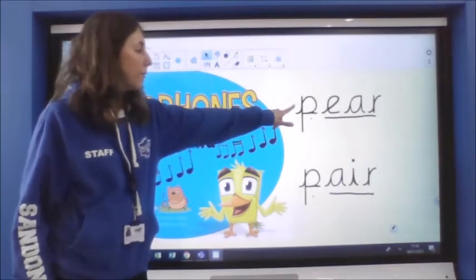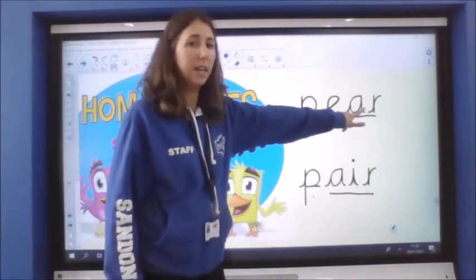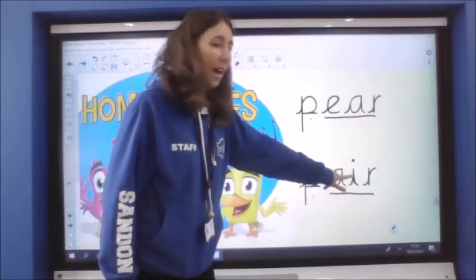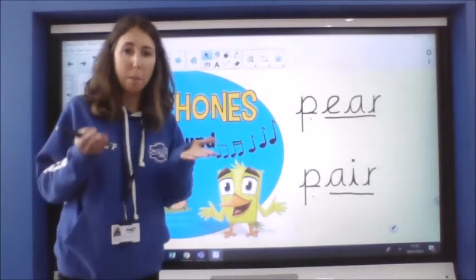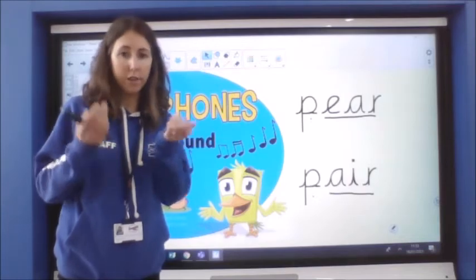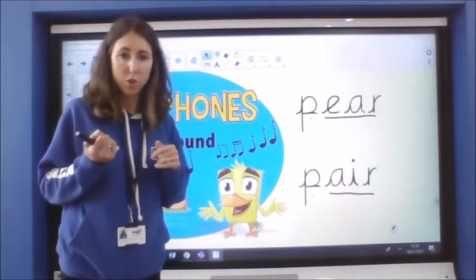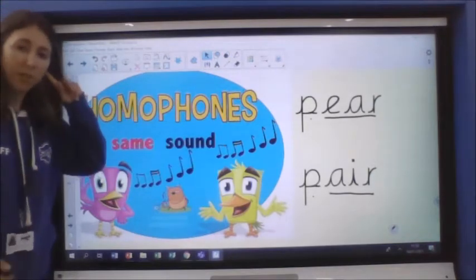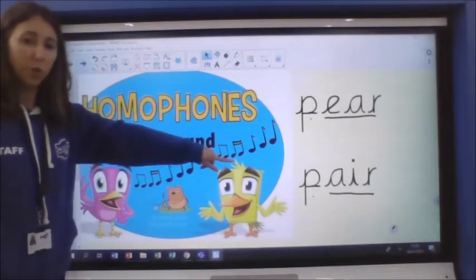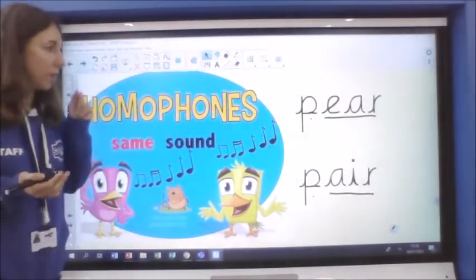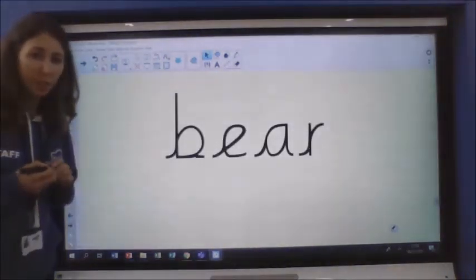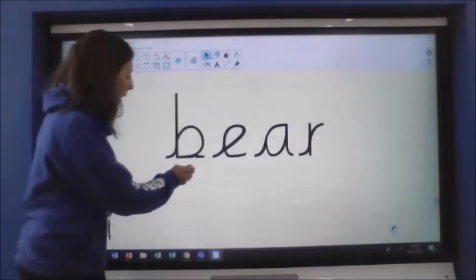So the pear that's the fruit is E-A-R, sorry, and the pair that's got A-I-R making the air sound is where we talk about two things, a pair of shoes, a pair of socks. So that's another example of a homophone. They both sound the same. One is a fruit and one is where we've got two things. Okay, so a little read of this one then. I'm going to put my sound buttons under. Bear.